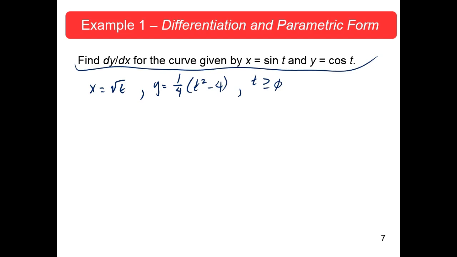And we want to find both of those at the point (2, 3). Now, those are x, y points, (2, 3).